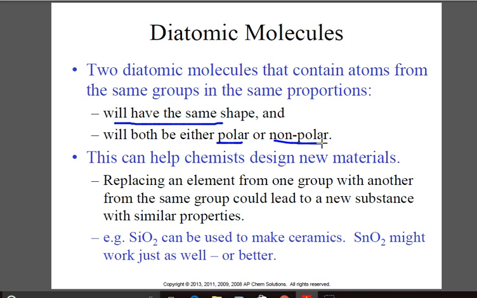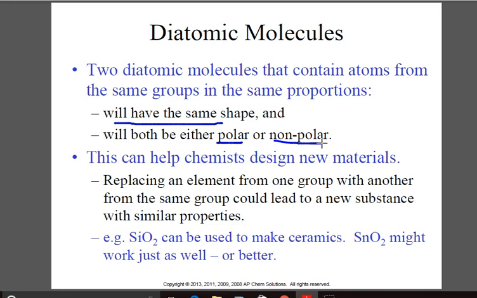For example, silicon dioxide can be used to make ceramics. So maybe tin, because tin is in the same group as silicon, maybe tin dioxide could work just as well, or it may work even better. So this is kind of how we can start to design new materials, not just, out of the wild, take some stuff and jam it together, but look at the properties of the things that we already have and then say, okay, how can we build upon this?